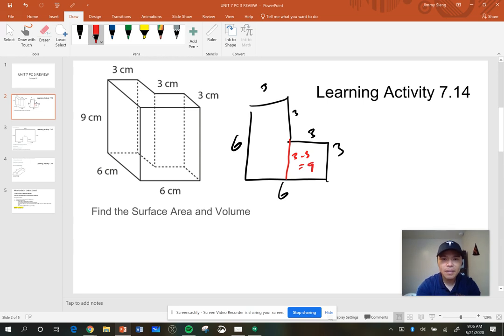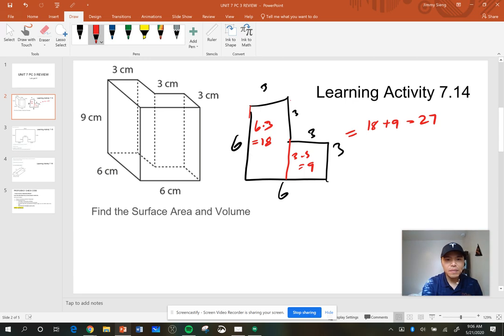And then this part looks like this is a 3 by 6. So that's going to be 6 times 3, which is 18, right? Add those two together, you should get a base area of 18 plus 9, which is 27, right? Just double checking that. Yep, should be 27.